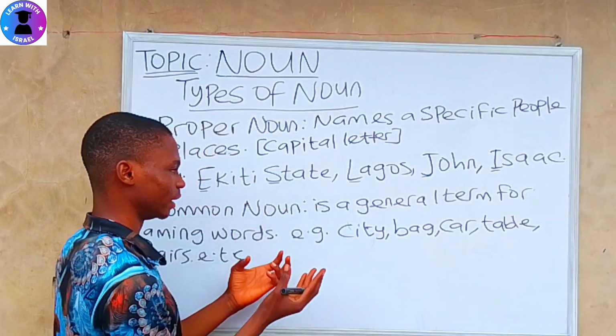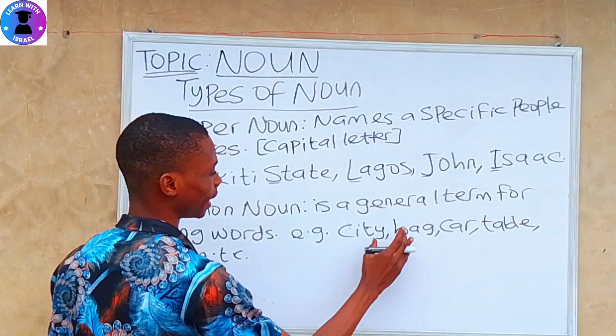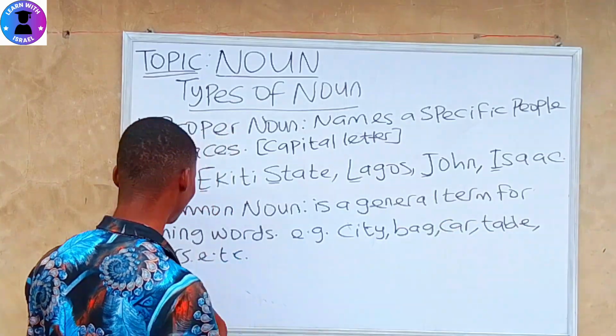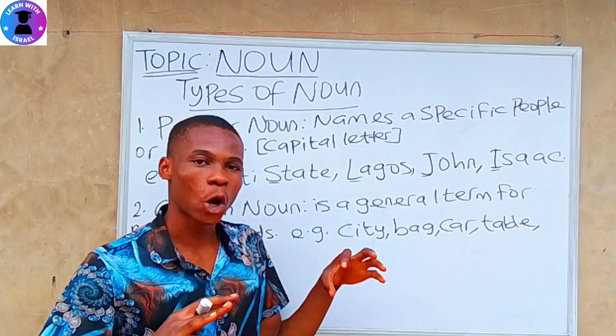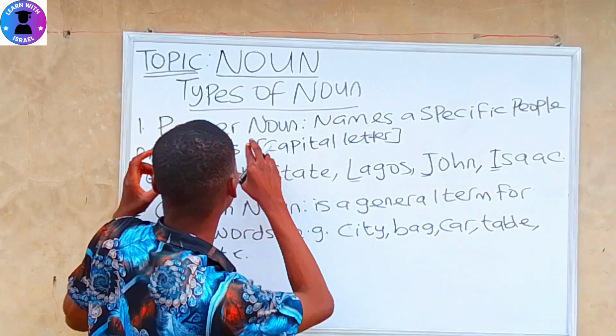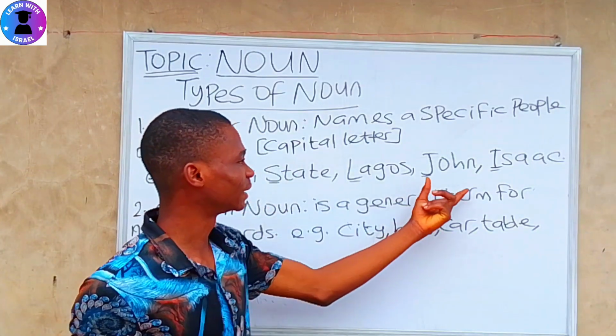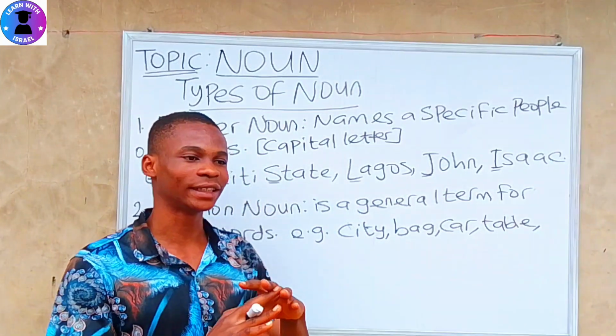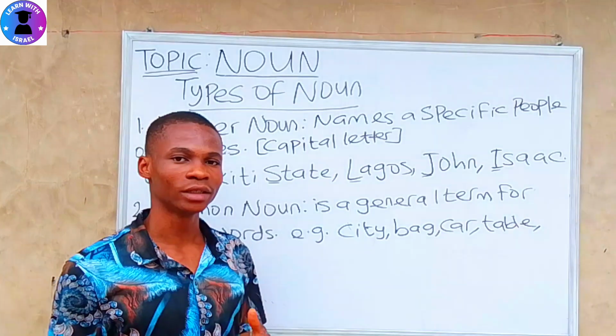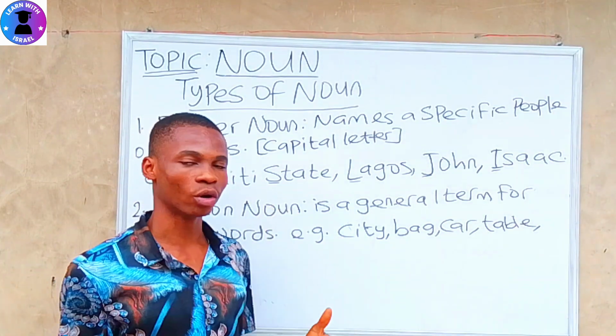They are just a general term for naming words like city, bag, car, table, chairs. So common noun is different from proper noun. Proper noun starts with capital letter, while common noun is just a general term for naming words.